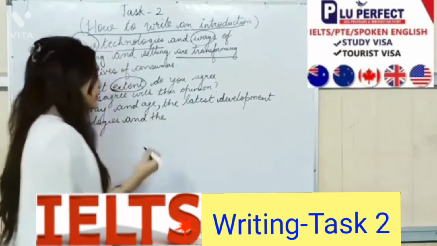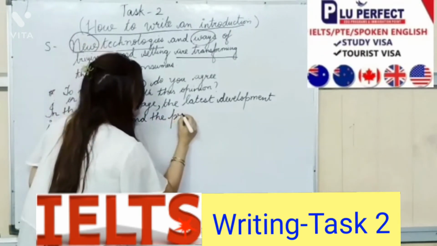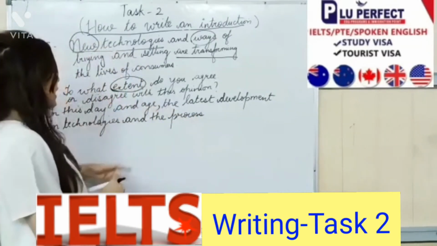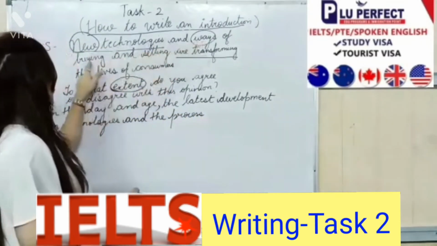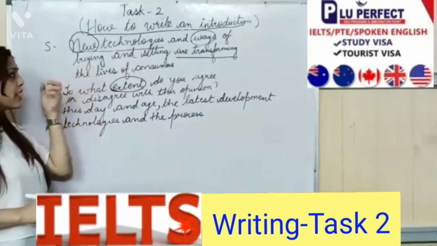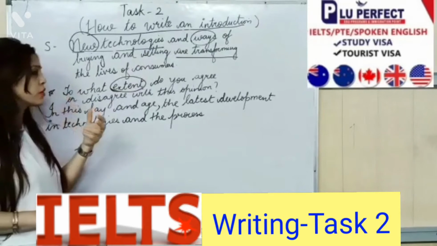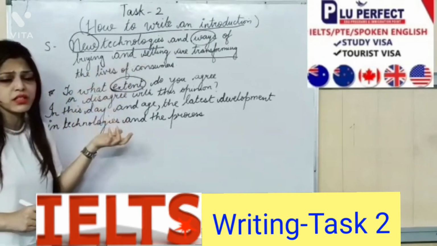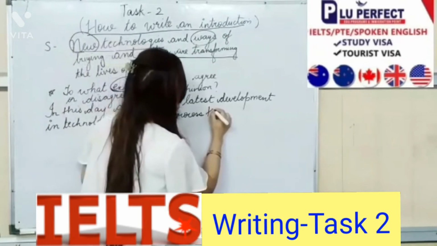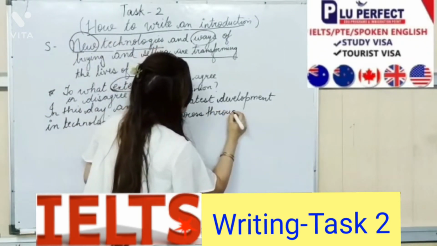Instead of ways I'm going to use the word process. You can also write medium, no problem. And the process of buying and selling. Now I'm not going to use any different word for buying and selling. I'm just going to change the form of the word. And the process through which.